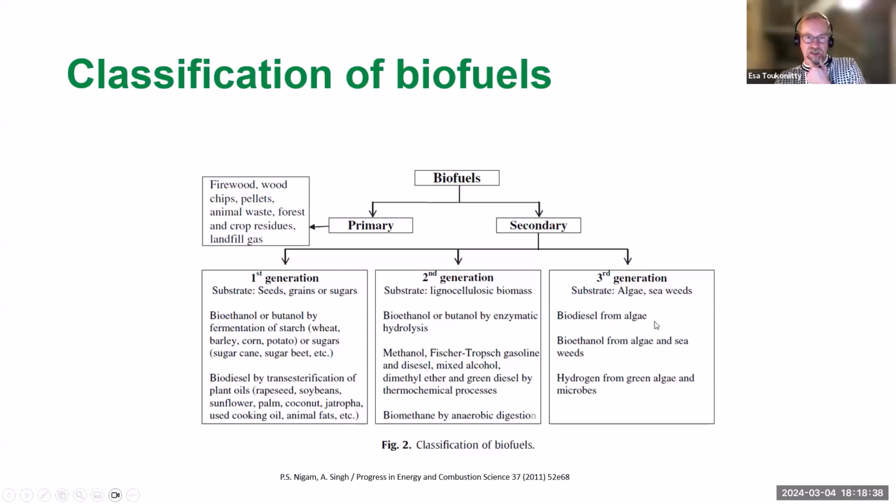Biodiesel from algae has been studied quite a lot, but there have been technical difficulties, and I'm not sure who is producing it at the moment.